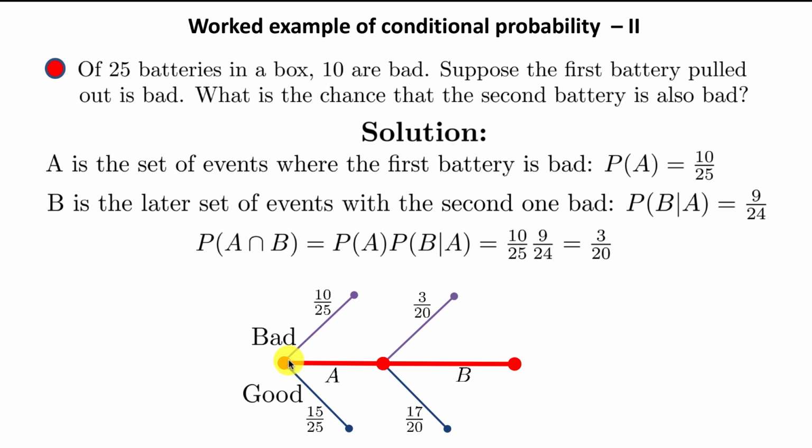Now we've changed the number of batteries. So now in a second try, the probability of getting a bad battery is 3 over 20. Correspondingly, the probability of getting a good battery is 17 over 20. And now you can see how this can be continued on and on until all the bad batteries have been pulled out. After that, of course, the probability of getting a bad battery will be 0.